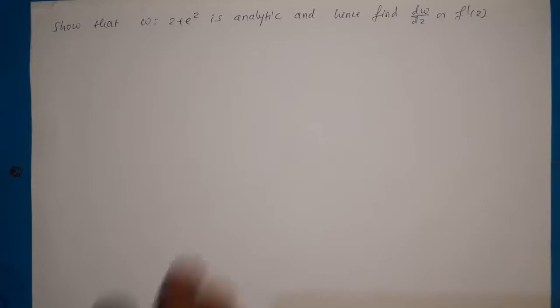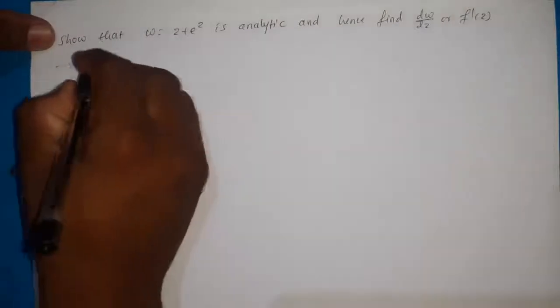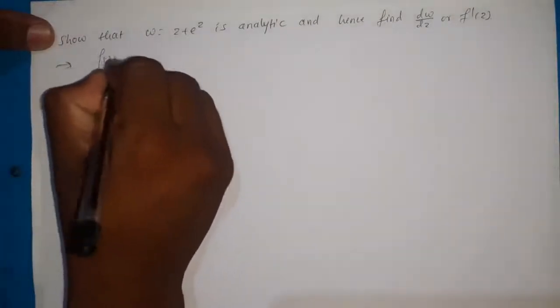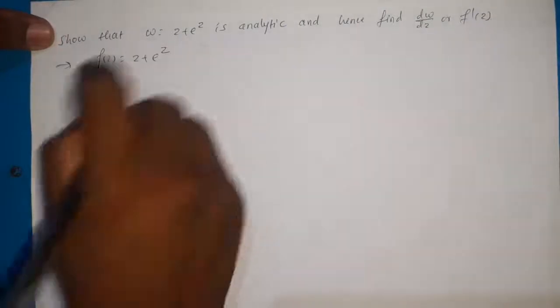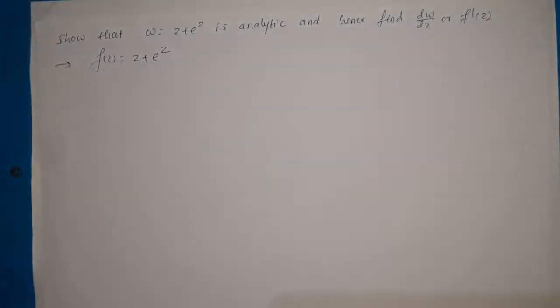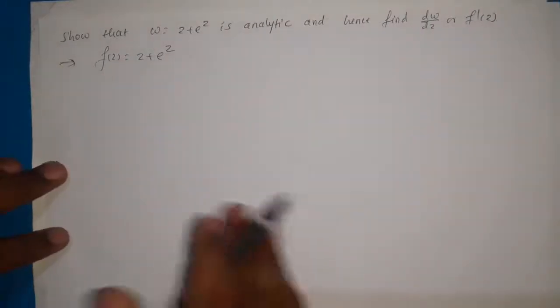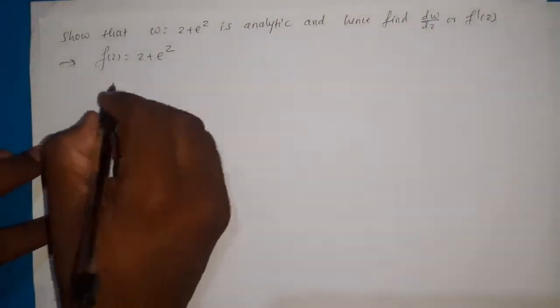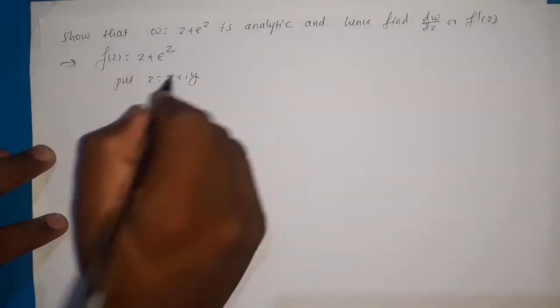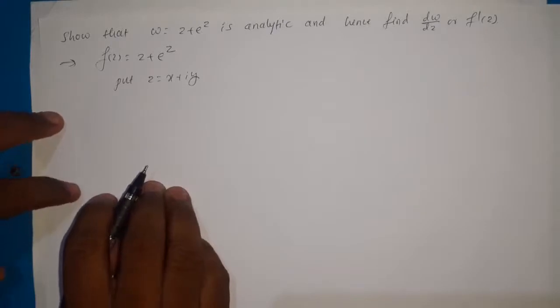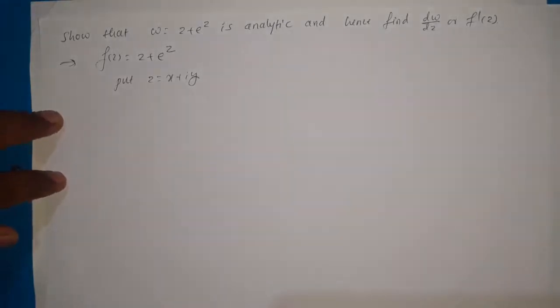So now let us consider that w is nothing but f of z. Here it is given that f of z equal to z plus e power z. Then put z equal to x plus iy. By substituting z equal to x plus iy, we can express the function as u of x comma y plus I into v of x comma y.